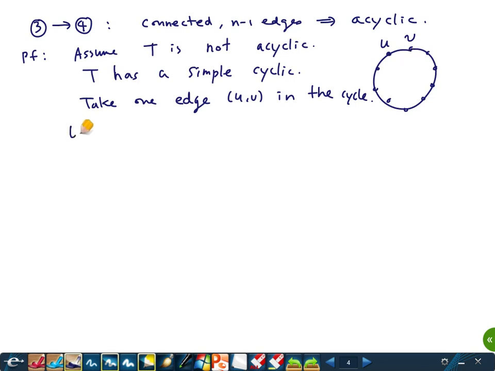And let T prime be T except this edge uv. So keep the same vertices, and only remove one edge. So just delete this edge, like that. That's going to be T prime.